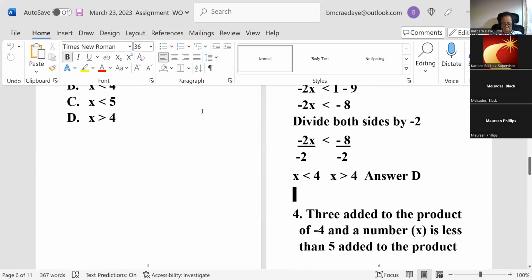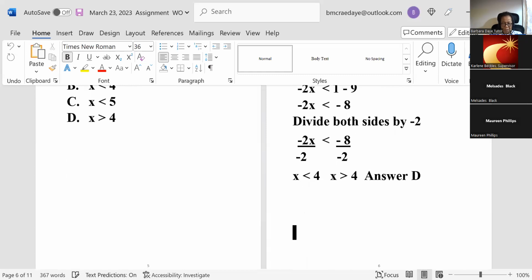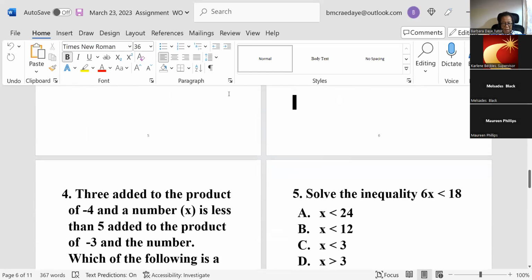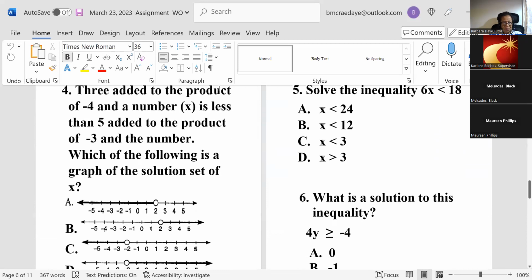Okay, let's go to number 4. Number 4 is an operation: 3 added to the product of a -4 and a number is less than 5 added to the product of a -3 and a number.